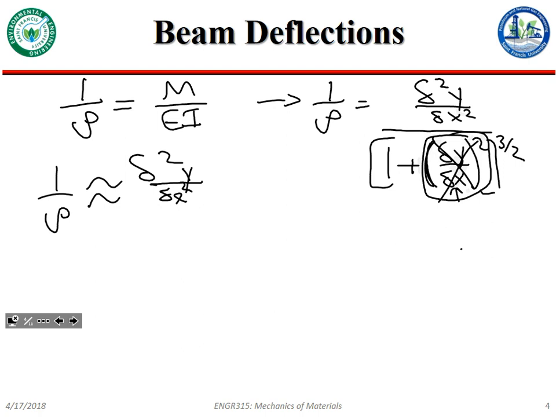Right now, it's essentially the second derivative of the equation for the neutral axis, or how that beam is flexing. We don't know it yet, but that's okay.